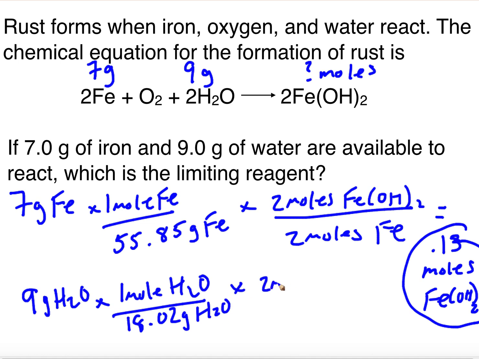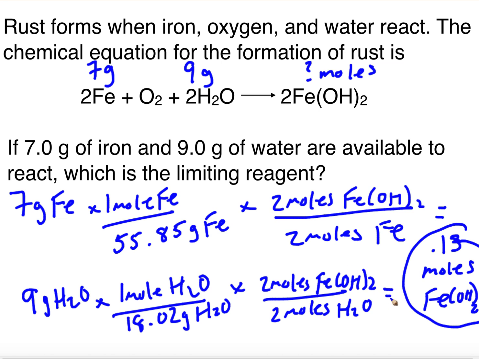Mole ratio, so 2 moles Fe(OH)2 all over 2 moles of H2O. Plug this in our calculator, and we get 0.5 moles Fe(OH)2. So now, which is the smaller number?